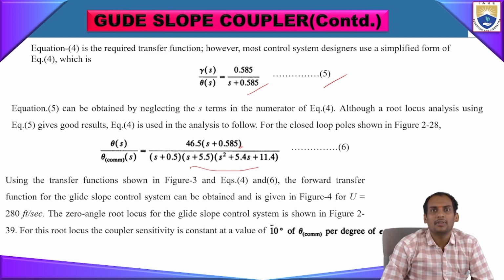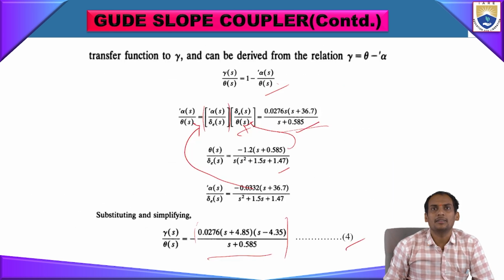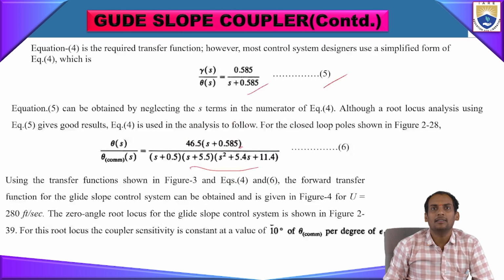So this is the transfer function shown in figure 3. That figure 3 you see here. So this equation 4 and 6 will be the forward transfer function of the glide slope control system that can be obtained and is given by figure 4, that is the upcoming thing.